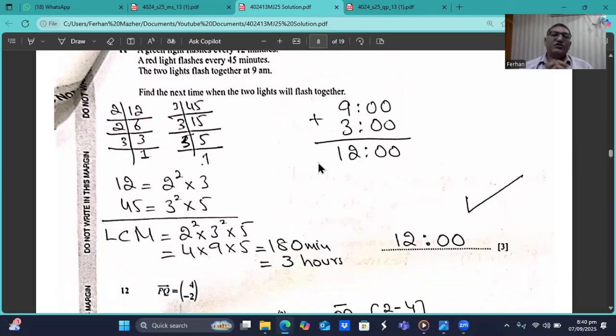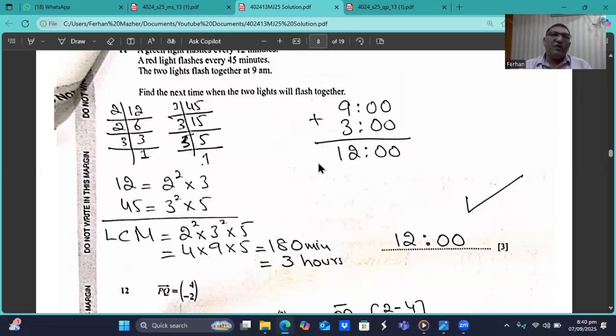So in the LCM, 2 squared and 3 squared will come. And we also take those factors which are not common. That is the special thing about the LCM. So we have 2 squared into 3 squared into 5. That's 4 into 9 into 5. 4 fives are 20, 20 nines are 180 minutes. These are in minutes.